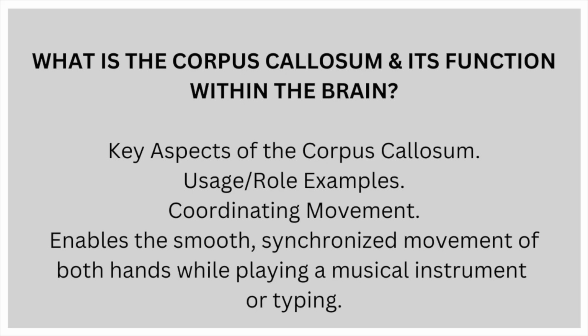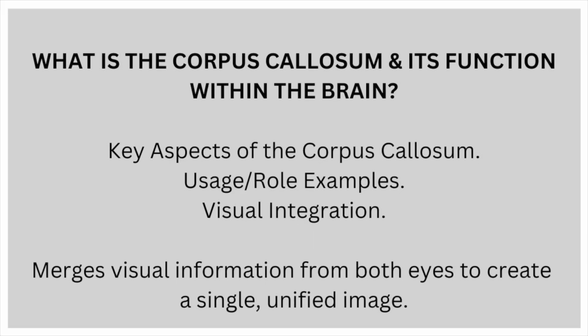Usage and role examples: coordinating movement, enables the smooth, synchronised movement of both hands while playing a musical instrument or typing. Visual integration, merges visual information from both eyes to create a single unified image.